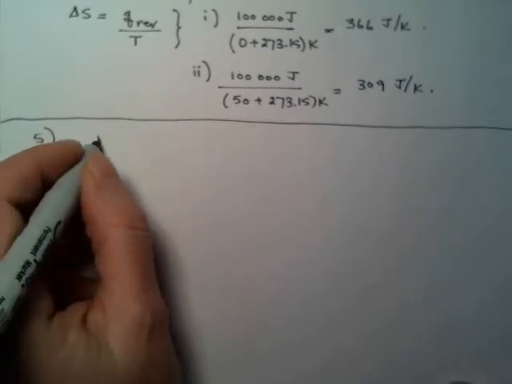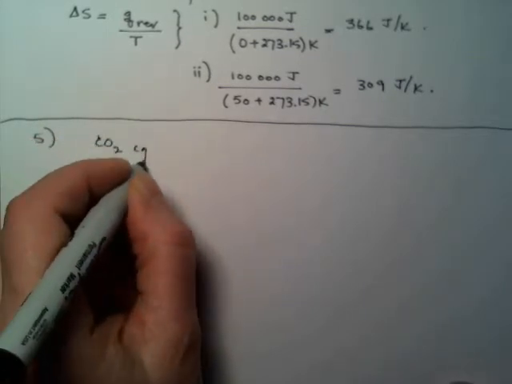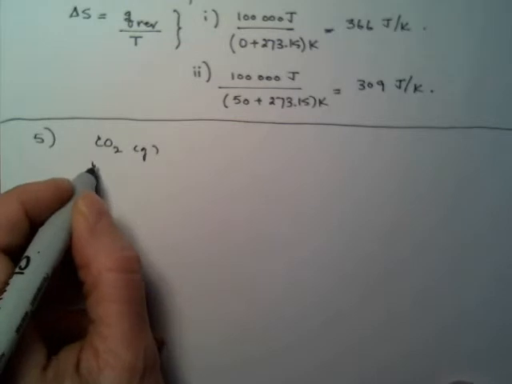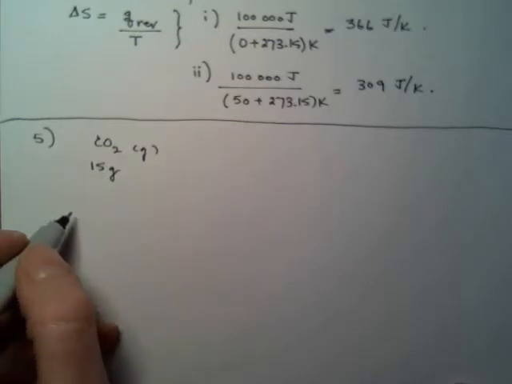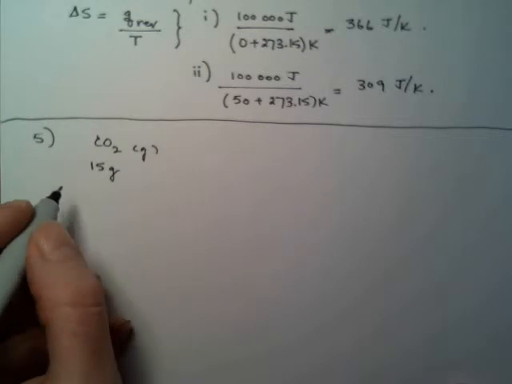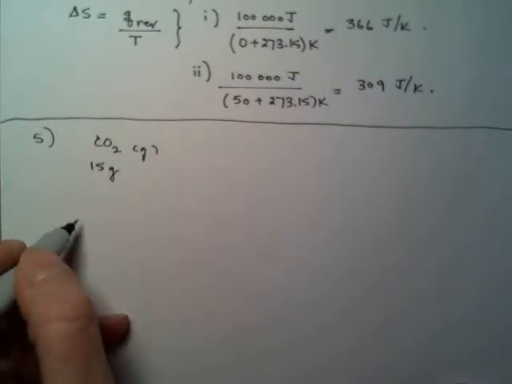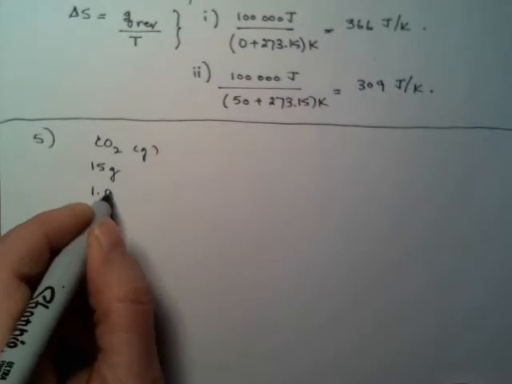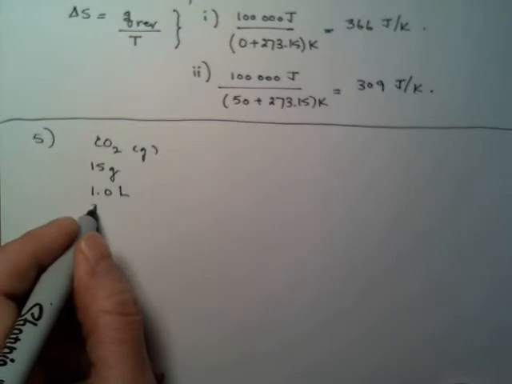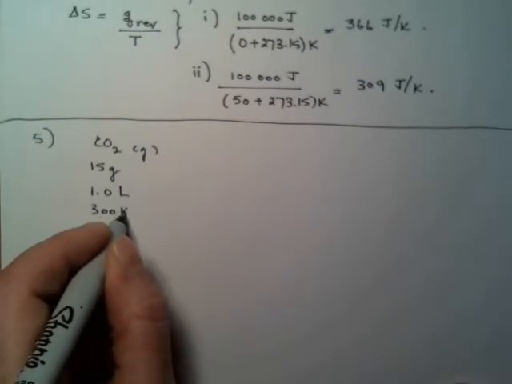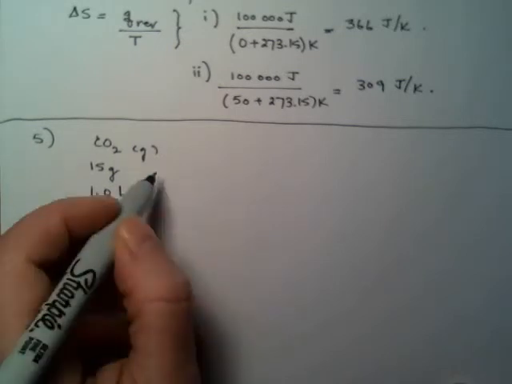So I have CO2 gas. I have 15 grams of that. The initial volume is 1 liter or 1.0 decimeter cubed, and it's at 300 Kelvin.